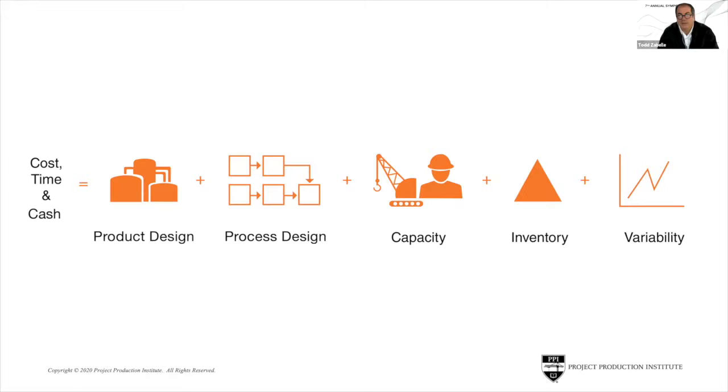But it's also important to think about how we allocate our capacity, the contributors being labor, equipment, and space, the relationship with inventory, stocks, things that might be inbound raw materials or outbound finished goods, and most importantly, the WIP or work in process, and then finally, the relationship with variability.